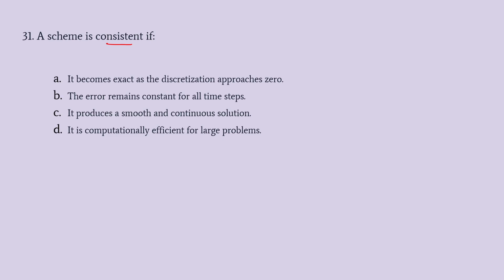Our answer is option A. That is, it should become exact as the discretization approaches zero. That is, the partial differential equation is converted into algebraic equation using some scheme.